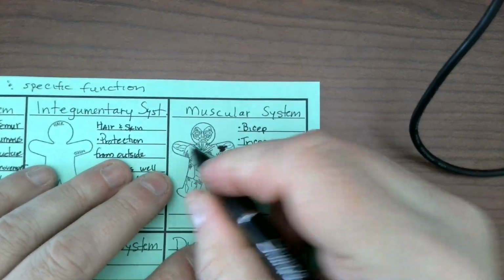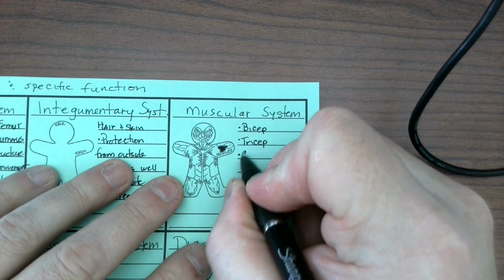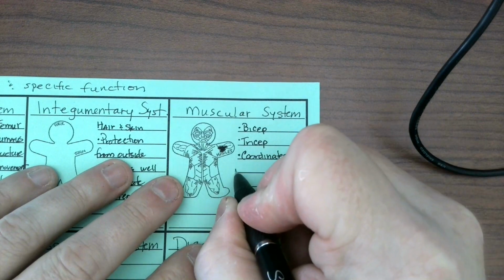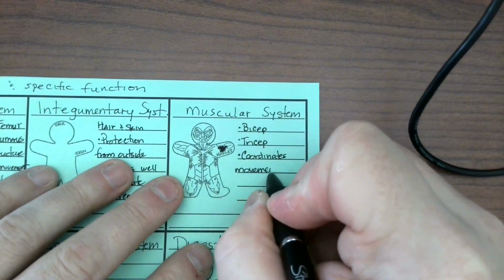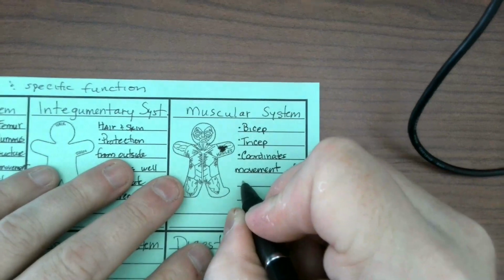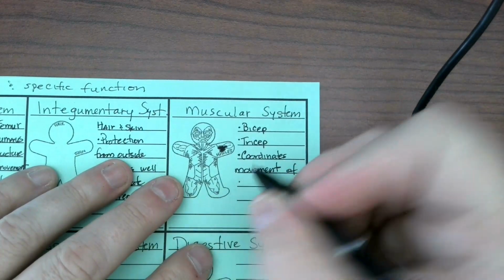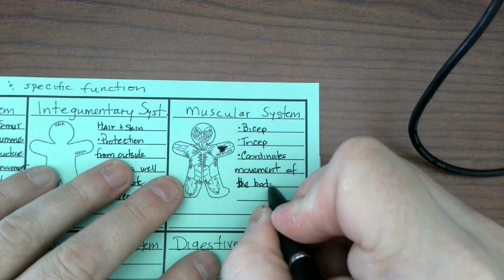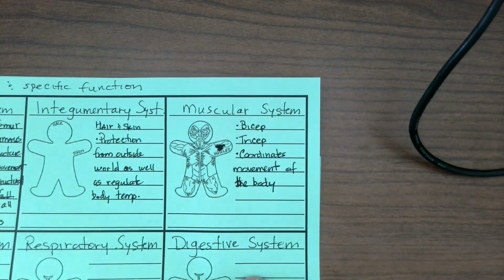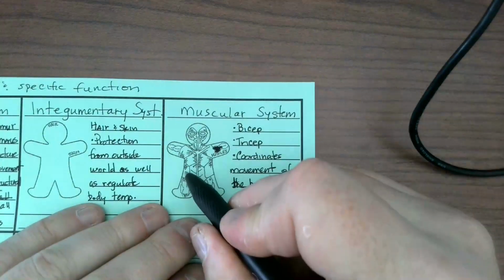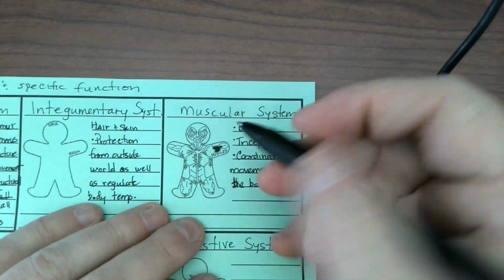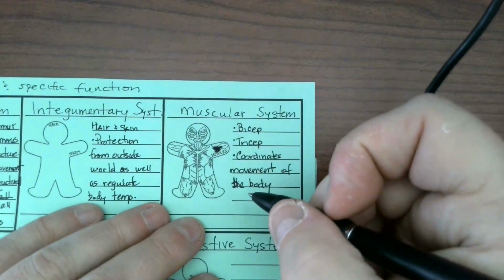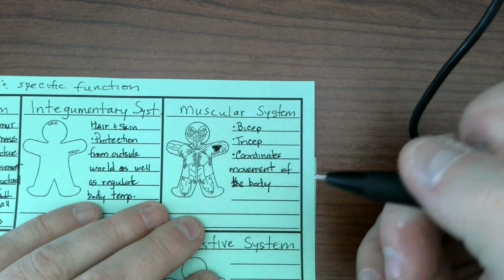So the muscular system is the system that coordinates movement of the body via all these muscles contracting or relaxing, causing the bones to move through a network of tendons and ligaments.